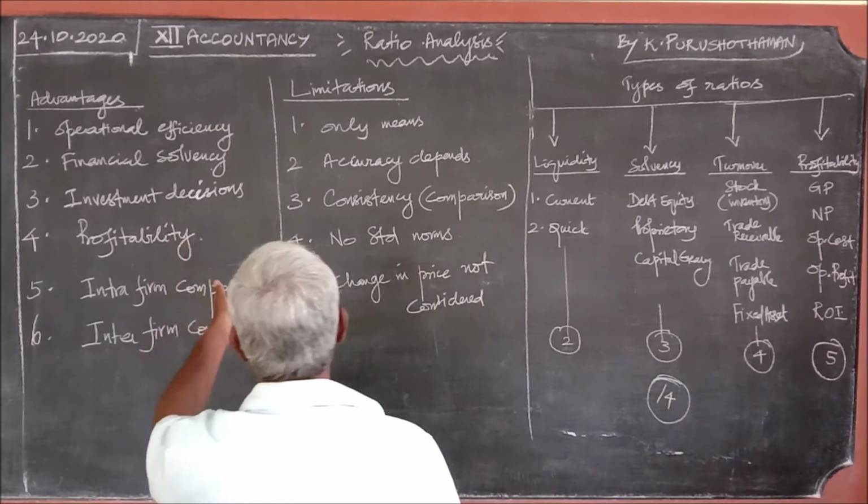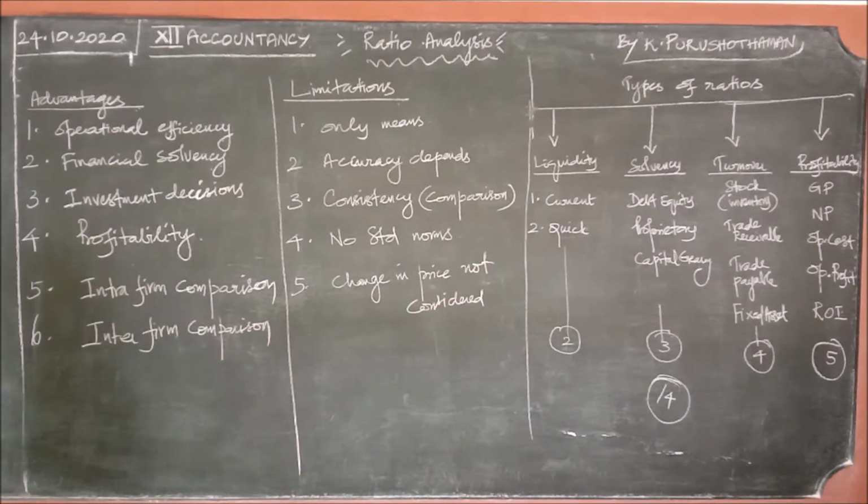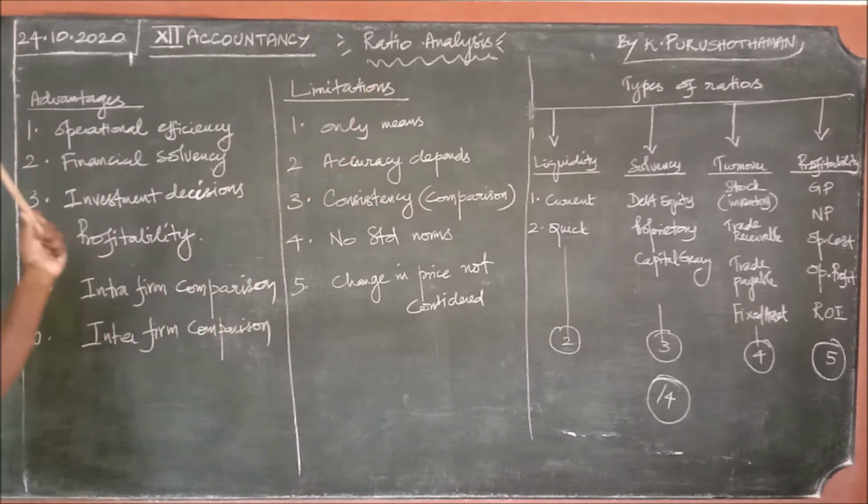From all these things, how far the business is efficient, we can find. Therefore, the operational efficiency can be found out by calculating the different types of ratio analysis. This is one of the advantages.